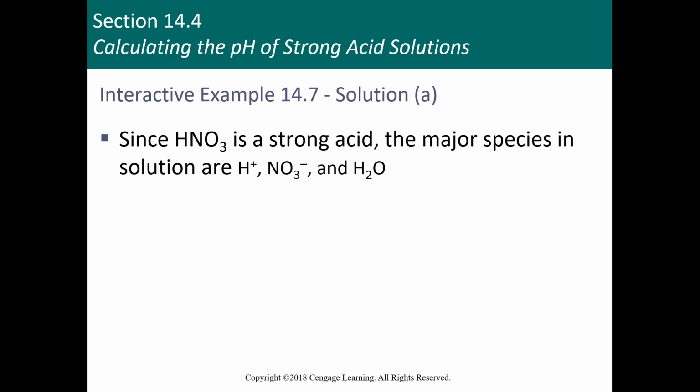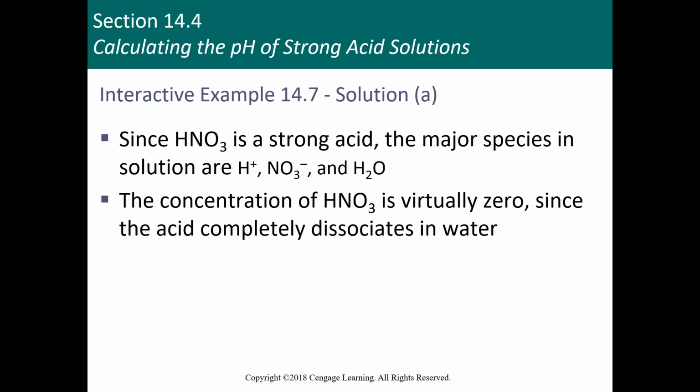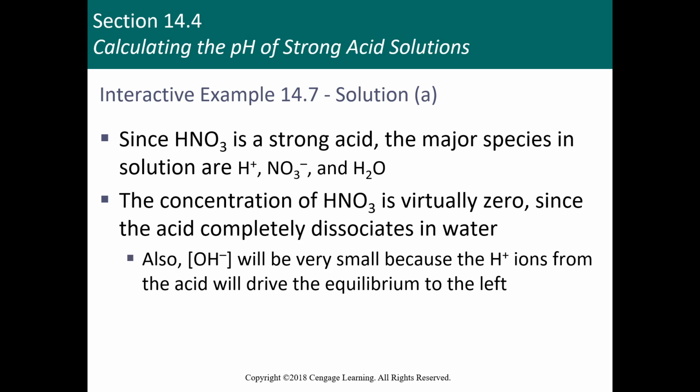The major species in solution will be your H+, your NO3-, that's the conjugate base, and the water, which is H2O. So the concentration of HNO3 is going to be virtually 0 because this is a strong acid. This should completely dissociate in water. The OH- will be very small because the H+ ions from the acid will drive the equilibrium far to the left.